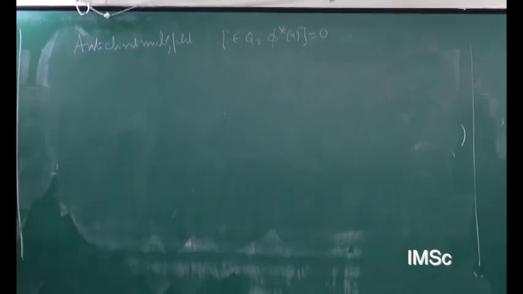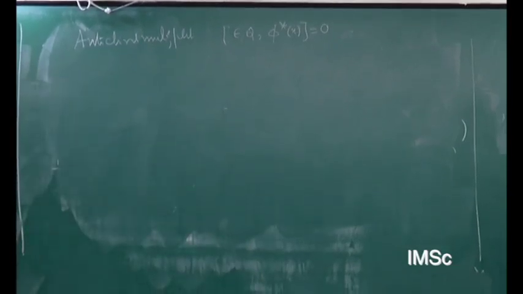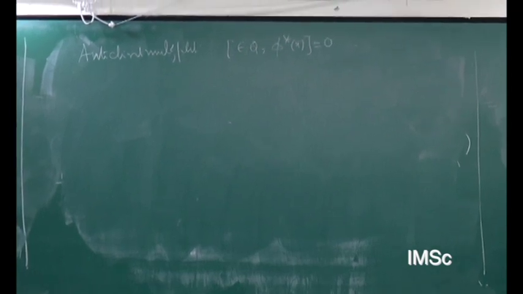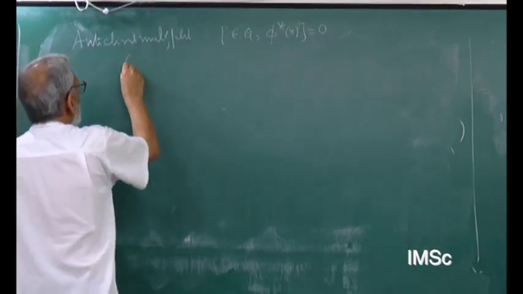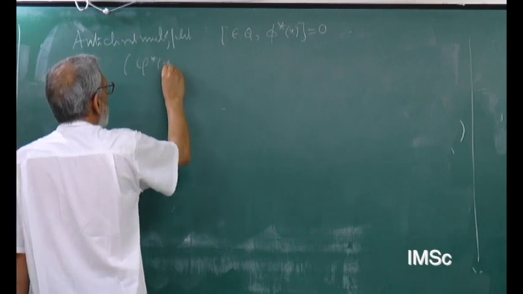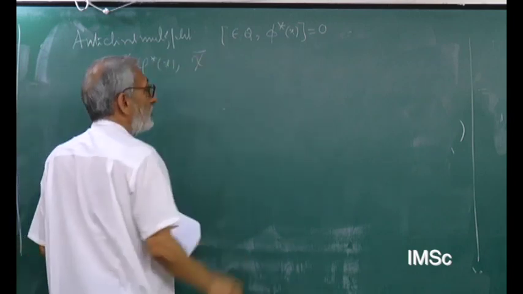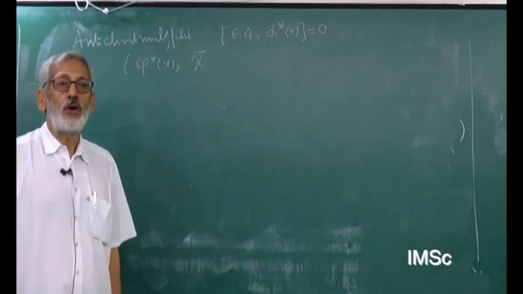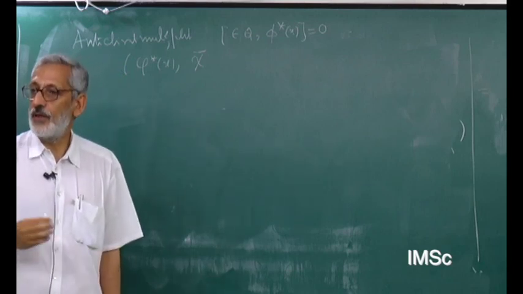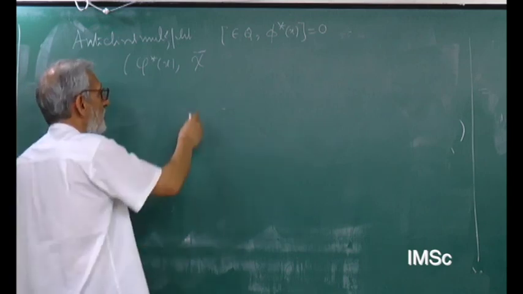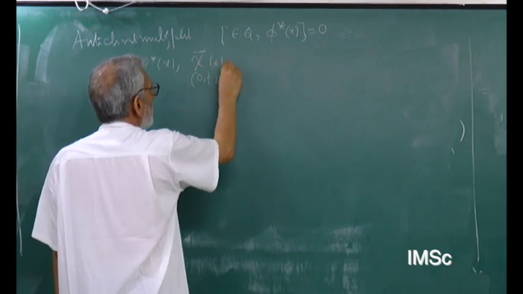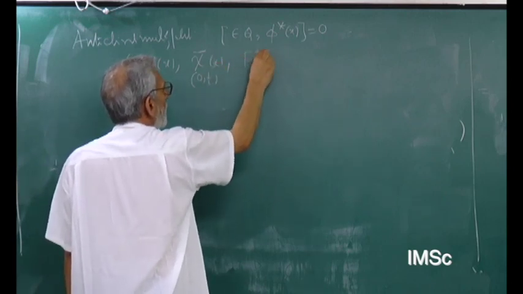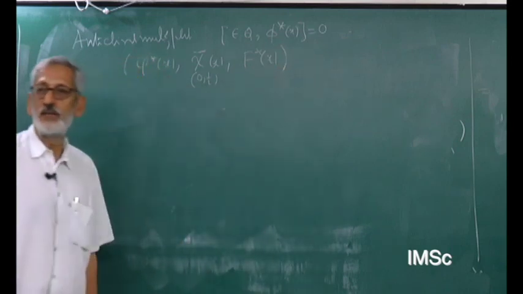The Q supercharges don't act on this multiplet; Q bars act on it. The same argument lets me construct the multiplet phi star x. The fermionic component of this multiplet would be in the 0-half representation, the right-handed representation, chi x, and some f star, call it the auxiliary field.